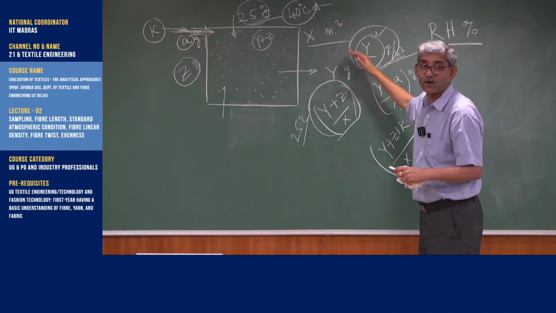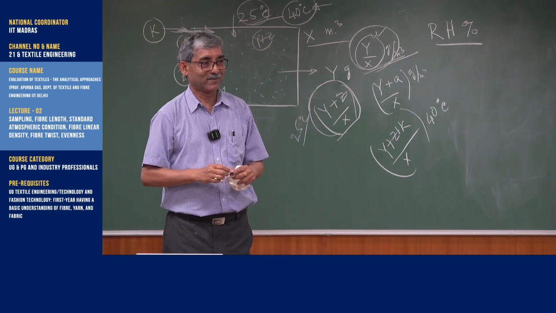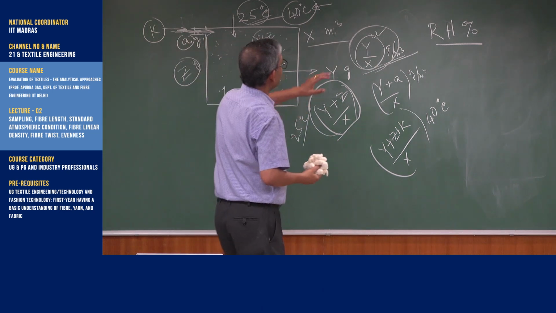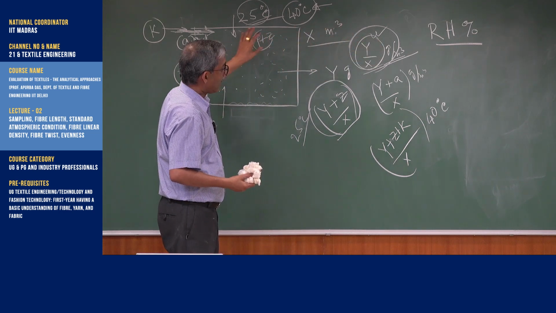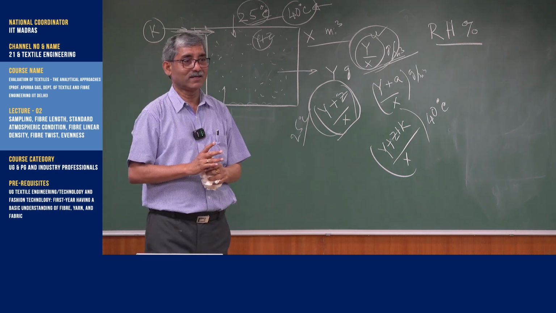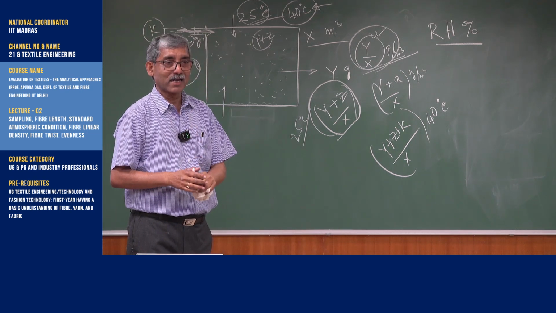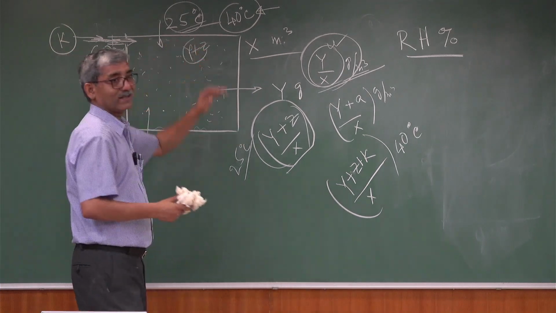This ratio is called relative humidity. This ratio of absolute humidity in that condition and absolute humidity in the saturated condition is called relative humidity, but relative humidity at that temperature.